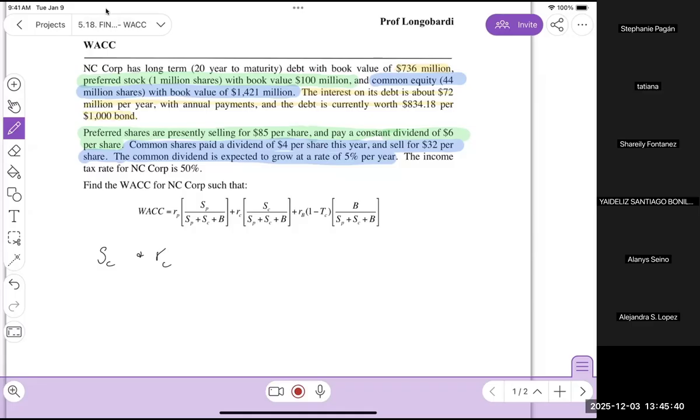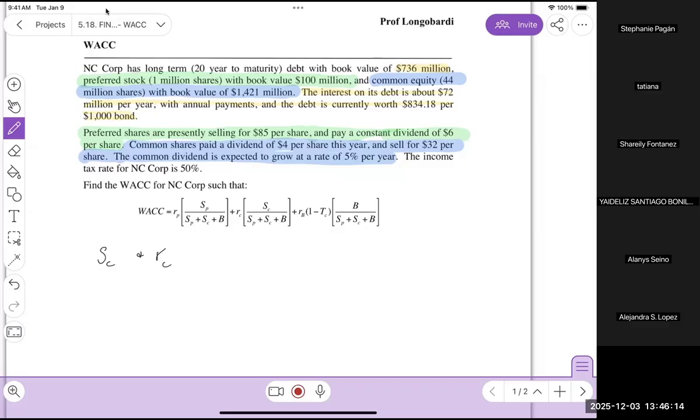So this is even easier. You're given the number of shares, so 44 million shares. And the price, we need the price for the market value. But let's see if we can get this first.